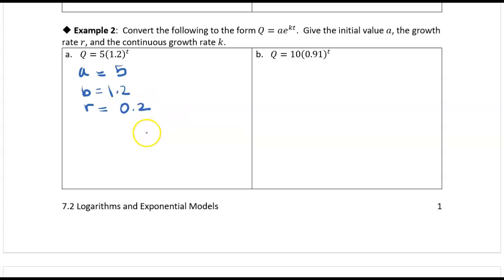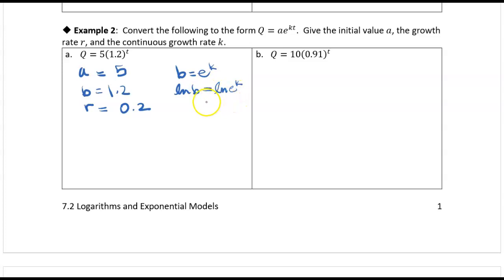Now let's convert it to the other form. If you remember back here, we had b equals e to the k. And we want to find k. And we know b is 1.2. So how can we get k? Well, the easiest thing to do would just be to take the natural log of both sides. Natural log of b equals the natural log of e to the k.